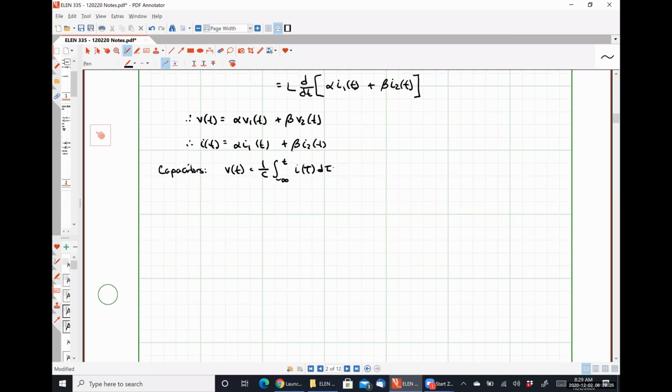So if I have an input signal I1, then I should get an output V1 equal to 1 over C times the integral from negative infinity to t of I1, and if I have a different current, I'll get this relationship.